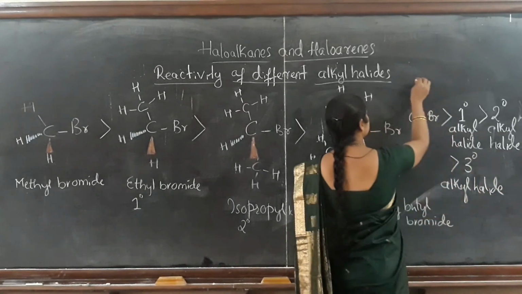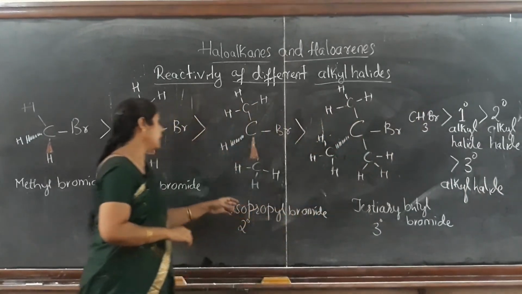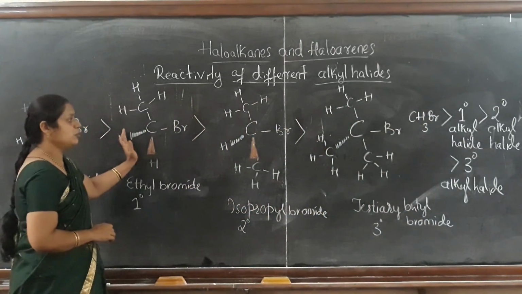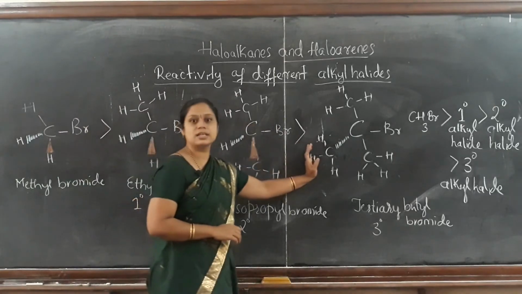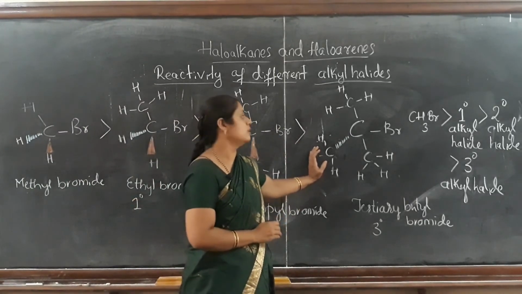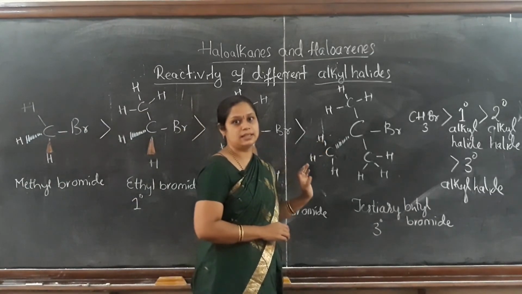So, the order of reactivity is that primary alkyl halides have more reactivity towards the SN2 mechanism and tertiary alkyl halides have the least reactivity towards the SN2 mechanism because of steric hindrance.